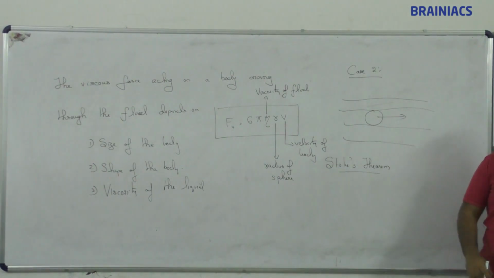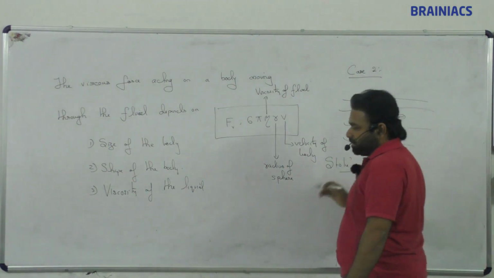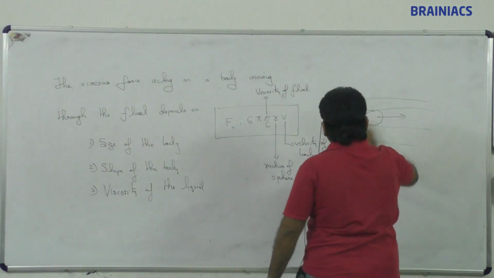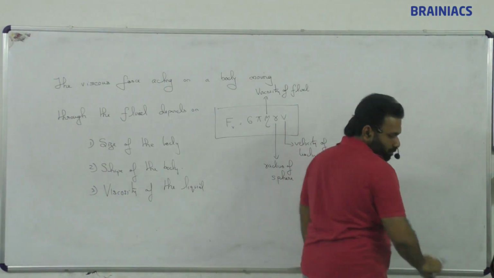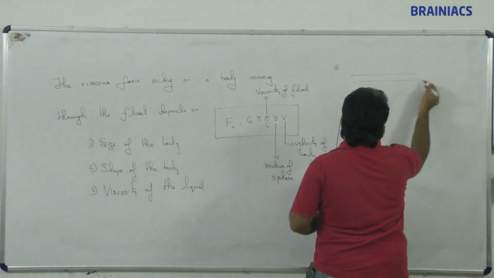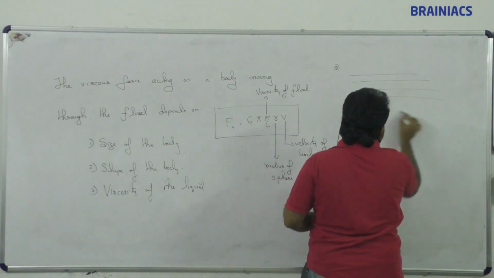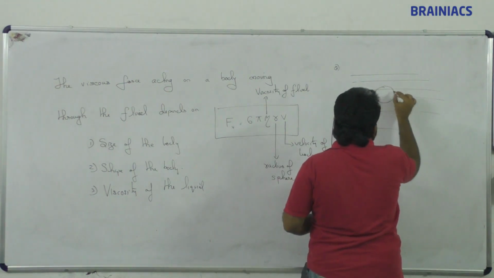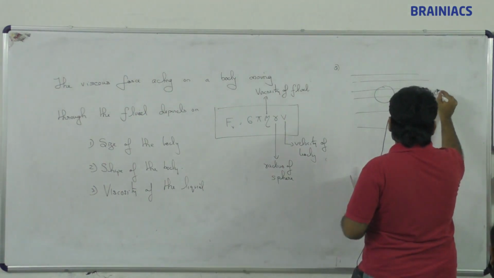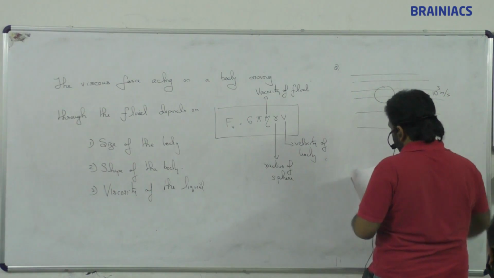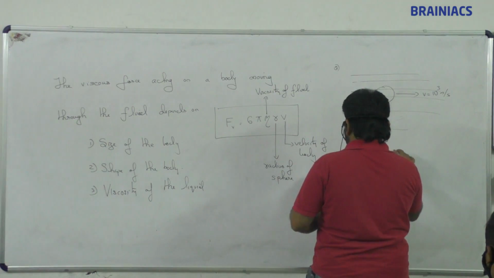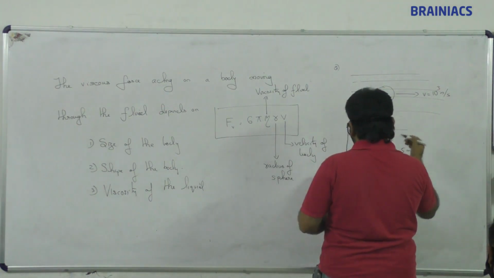Okay, now see, suppose this is a question. Suppose inside a fluid a body is moving with a velocity 10 raised to 3 meter per second, and its radius is 0.5 meter.